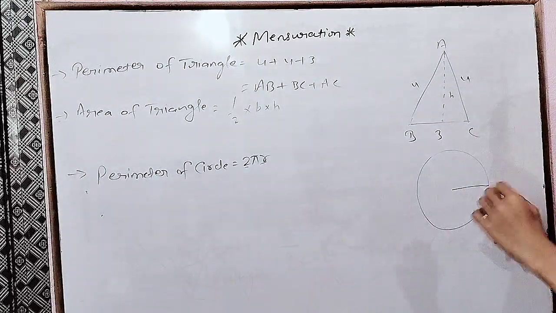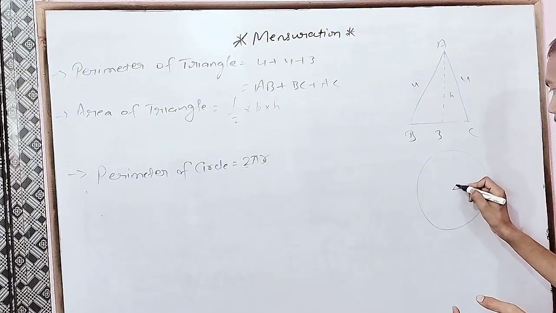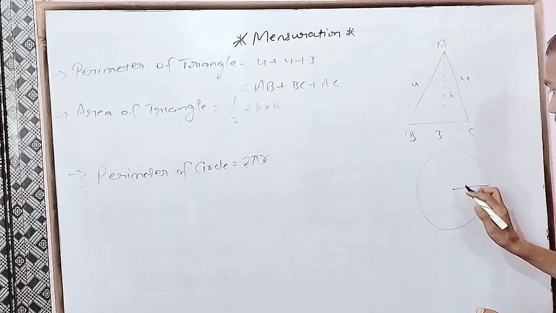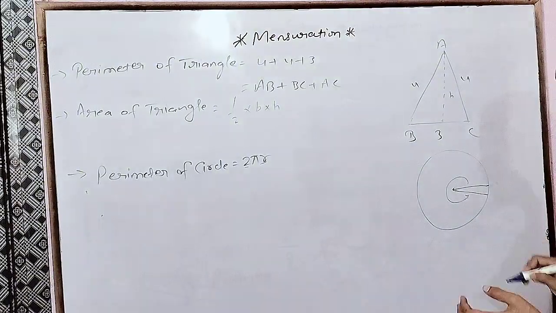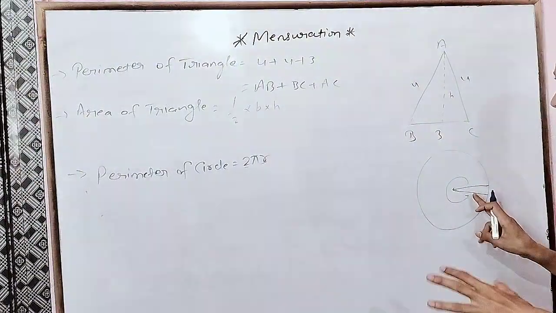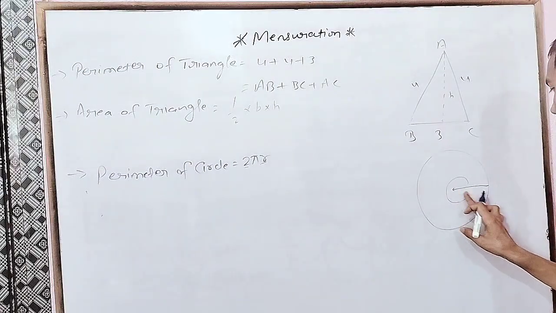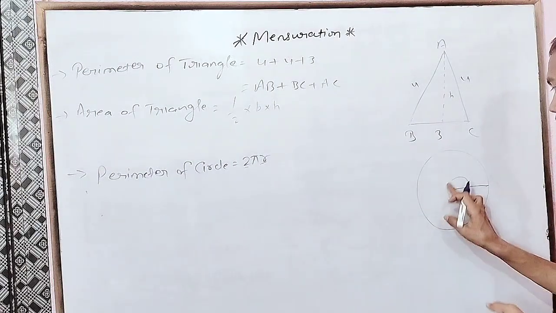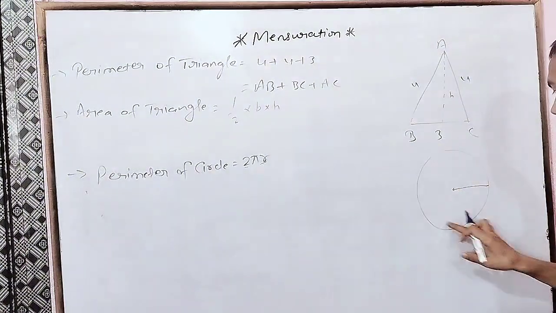The first will be here, and the second will rotate like this. Are you able to see that there are two r? That's why the perimeter is 2r as well as the perimeter of this.